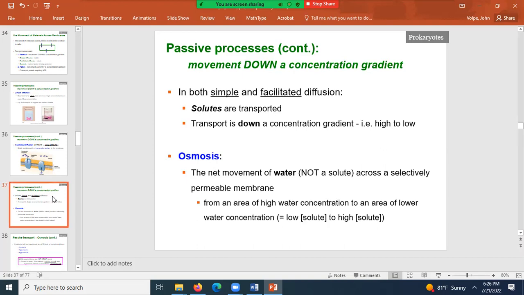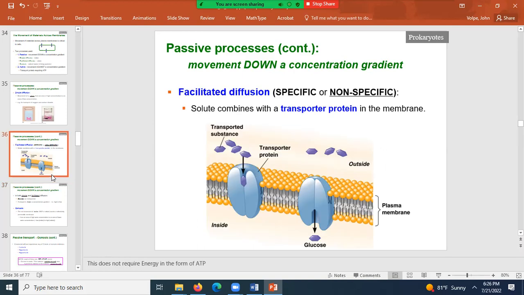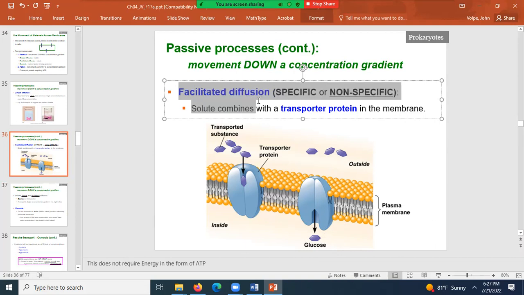All right, where's facilitated diffusion? Here we go. This is showing you with glucose, but I don't want to use the word glucose because with glucose it's more complex than this picture is showing you. I'm going to talk about it with fructose, and then this picture works perfectly for facilitated diffusion.